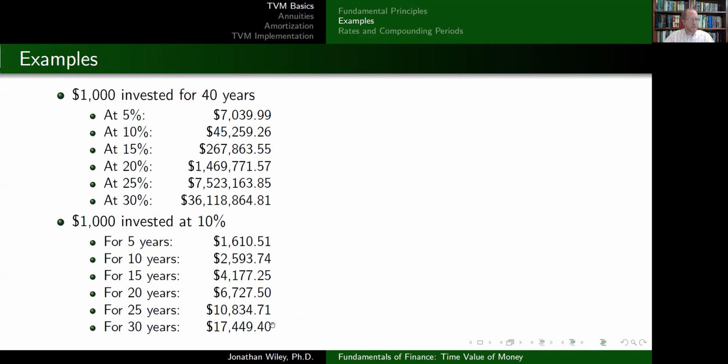Going back to this, the difference between saving for 25 years and 30 years is around 60-some odd percent higher just by adding an extra 5 years. Because the length of time shows up as an exponent, it makes a big difference. So when you're doing time value of money calculations, it's worth keeping in mind that relatively modest changes in the interest rate are a big deal, and relatively small changes in the length of time can also be a very big deal.